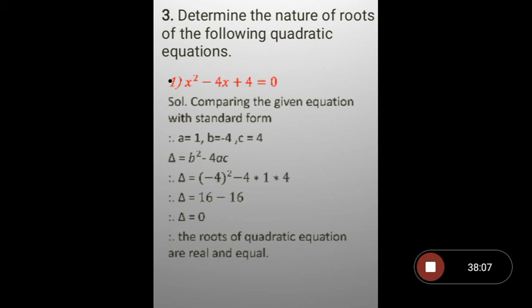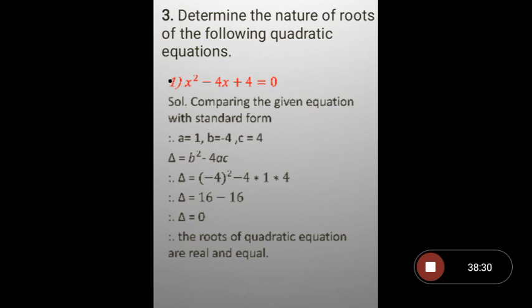And if delta is 0, that means roots are real and equal. Now the first question is x square minus 4x plus 4 is equal to 0. First we have to compare this equation with the standard form and find the values of a, b and c. a is equal to 1, b is equal to minus 4 and c is equal to 4. Delta is equal to b square minus 4ac.